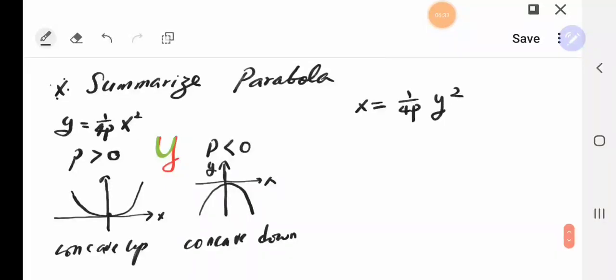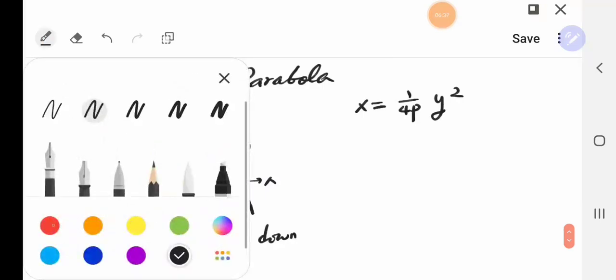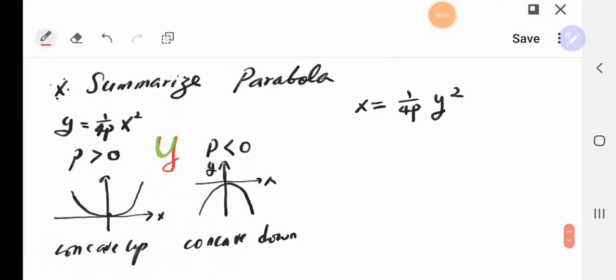Okay, the graph of this is, as I mentioned earlier, the equation starts with x. X looks like this, right? Let me redraw it. So x looks like this. So the graph is open to the left or open to the right.